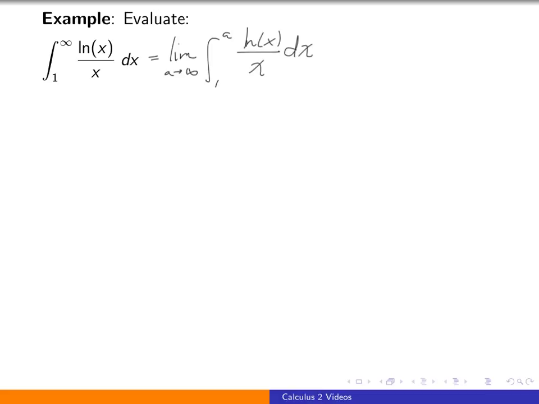Based upon inspection, if we look at this integral that we are going to evaluate, we would want to use the substitution u equals the natural log x, because du would be that 1 over x. So it would be just the antiderivative of u, which is 1/2 u squared.